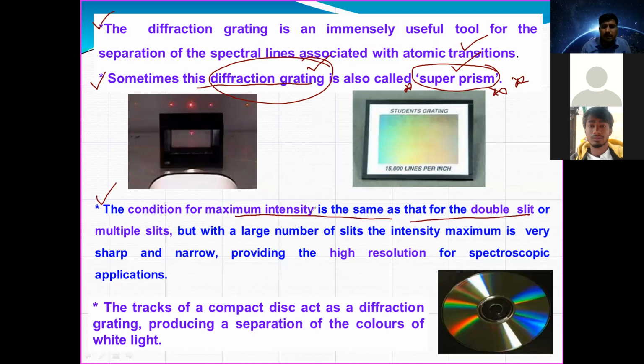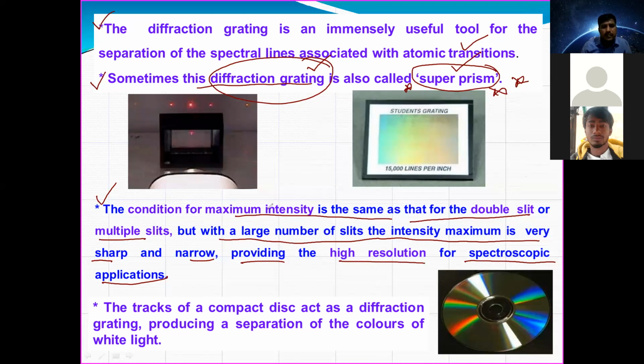The condition for maximum intensity is the same as that of a double slit or multiple slit, but with a large number of slits, the intensity maximum is very sharp and narrow, providing high resolution for spectroscopic applications. So the conditions are the same.